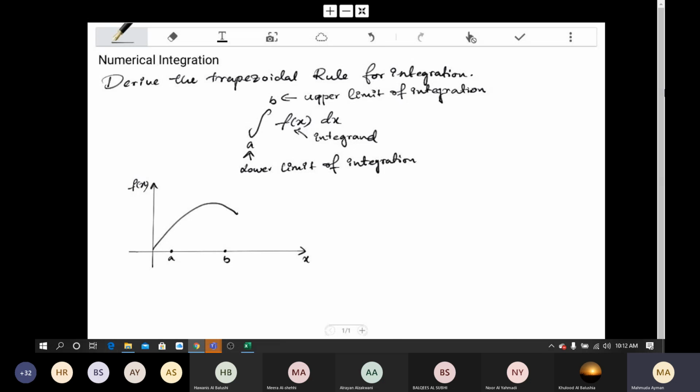So how do we approximate the function given the limits of a and b?